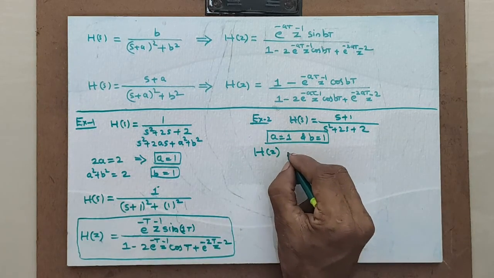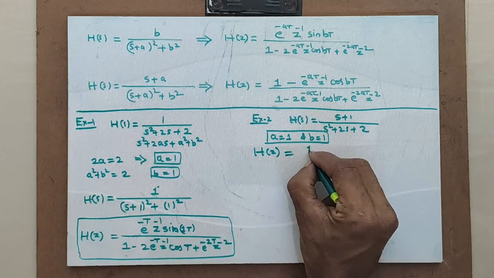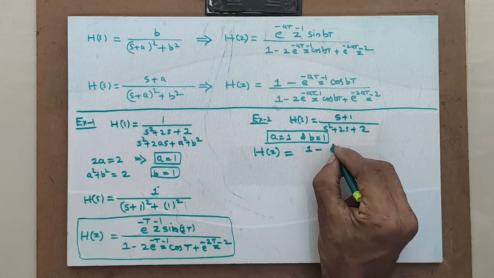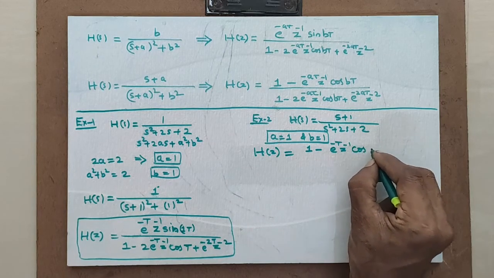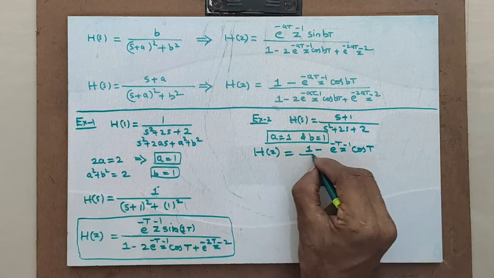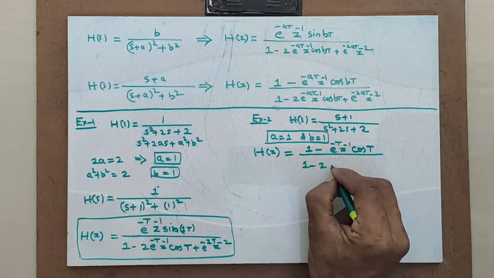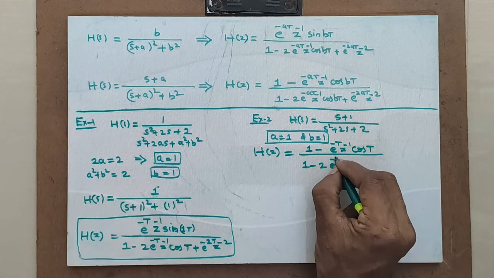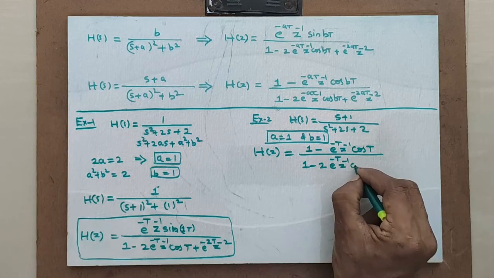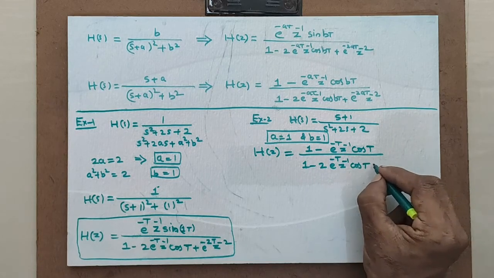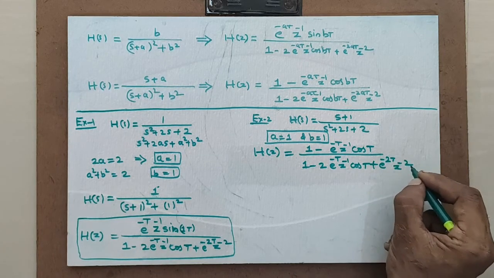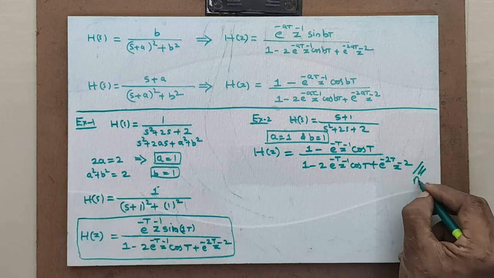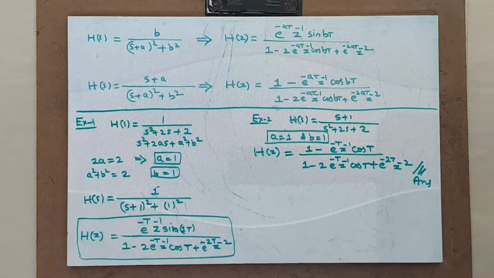H of z is equal to 1 minus e raised to minus at, z raised to minus 1 cos bt, b is 1, cos t, whole divided by 1 minus 2 e raised to minus at, z raised to minus 1 cos bt, plus e raised to minus 2t, z raised to minus 2. This is my answer. I hope you can derive it.